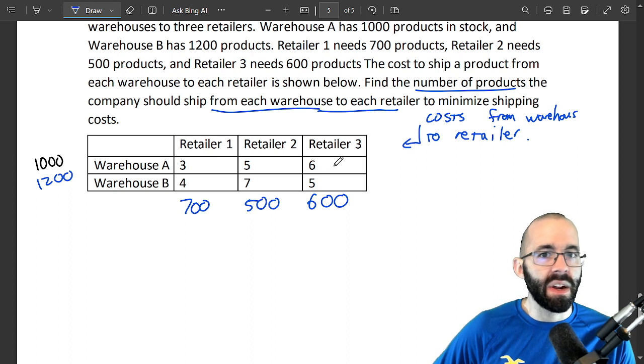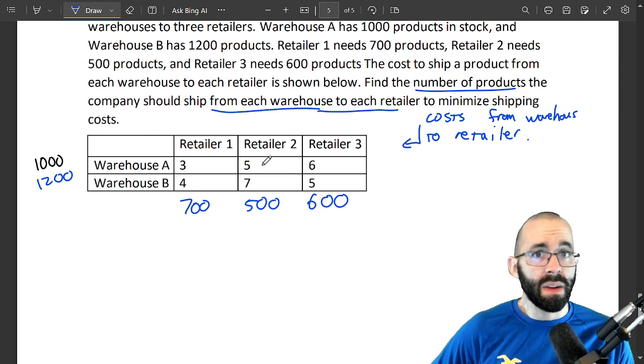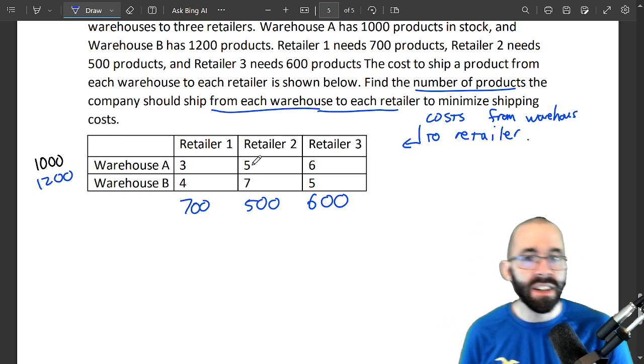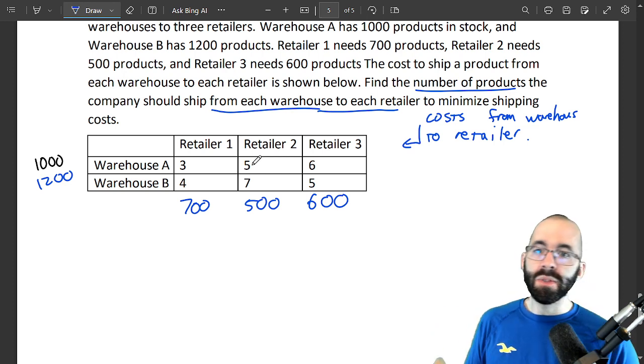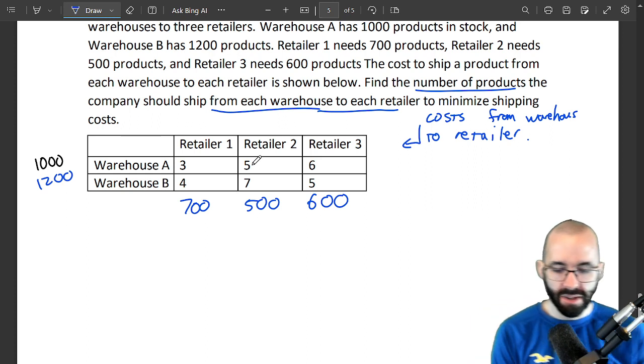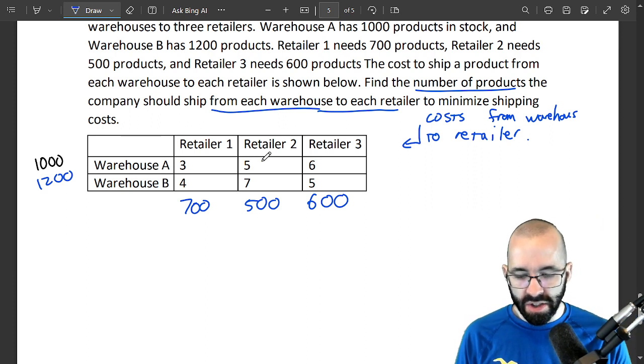So 3 variables already. And we're going to ship some number from warehouse B to each retailer. That's 3 more numbers. So we've got 6 variables, right? We have to decide for every warehouse, how much does each warehouse send to each retailer? 6 variables here.